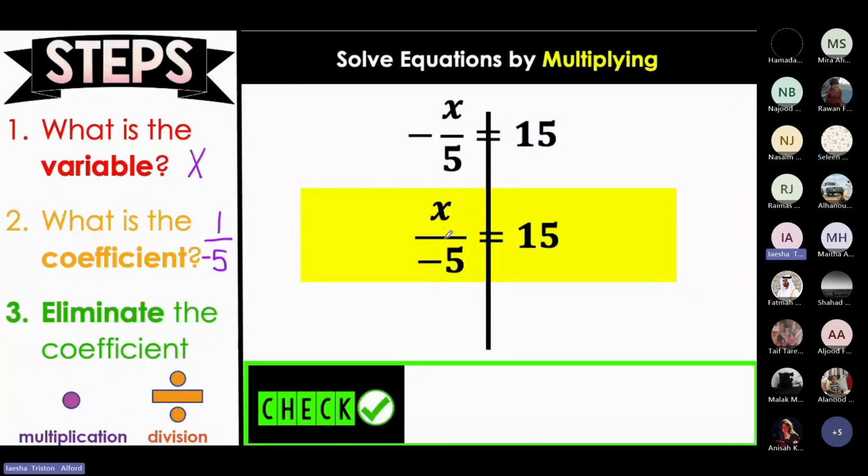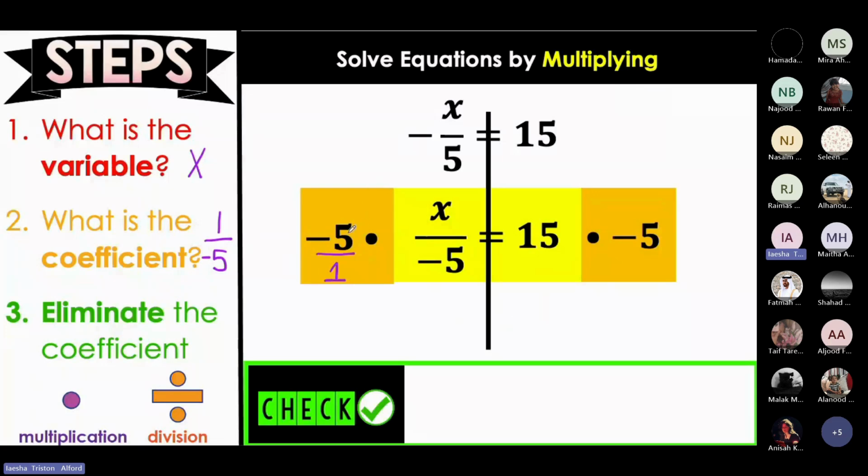Good. When we read divide, how should we make our answer? Multiply by the flip. Multiply negative 5 both sides. Good. Or what else can you multiply? Negative 5 over 1. Up to you.